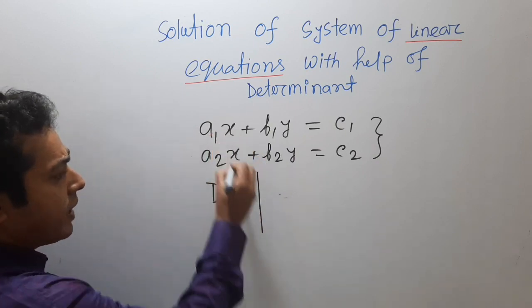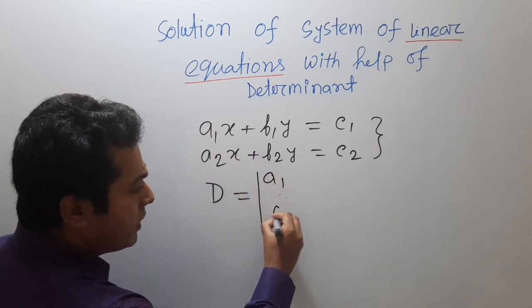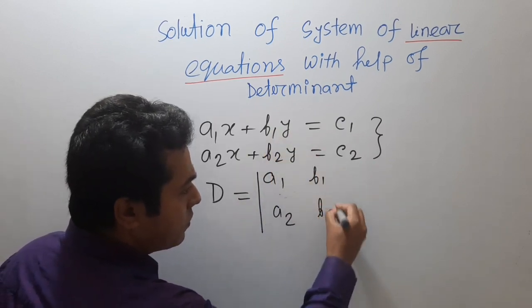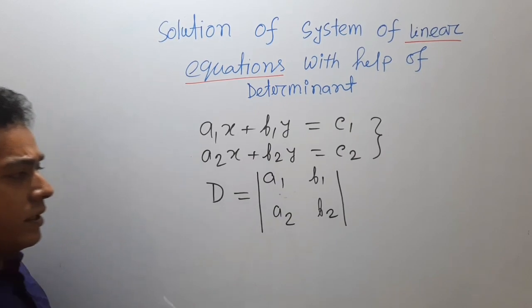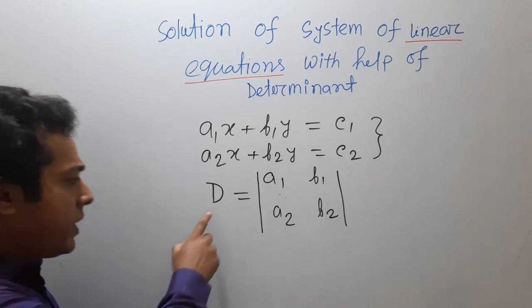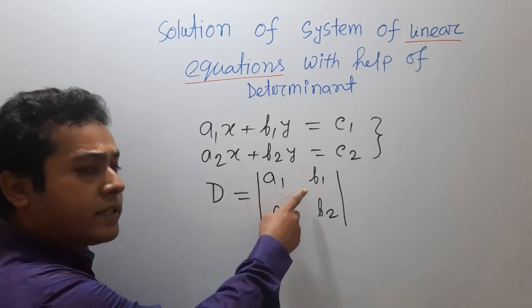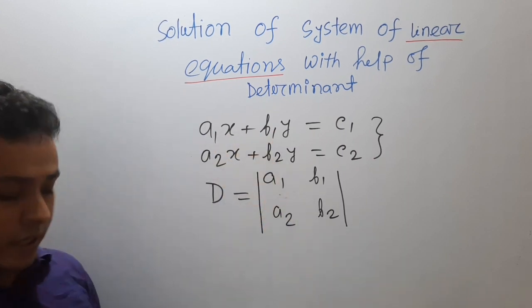The coefficients of x are a1, a2 and of y are b1, b2. This determinant is denoted by D, and this determinant is created by the coefficients of x and y.